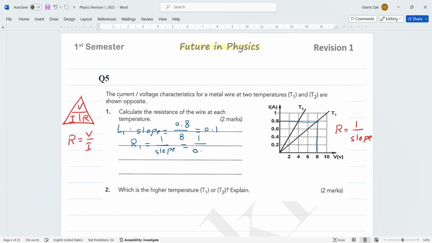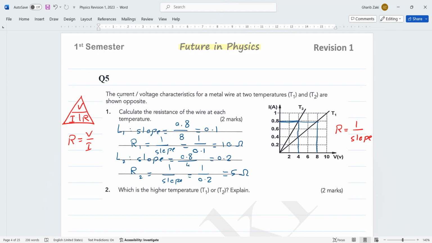So it's 1 over 0.1, which is 10 ohms. The same way for L2, the second slope. For L2, we can take the same point, 0.8, but the voltage is 4. So the vertical change is 0.8 and the horizontal change is 4. So the slope is 0.2. R2, the resistance of the second line, is 1 over the slope, 1 over 0.2. So the answer is 5 ohms.